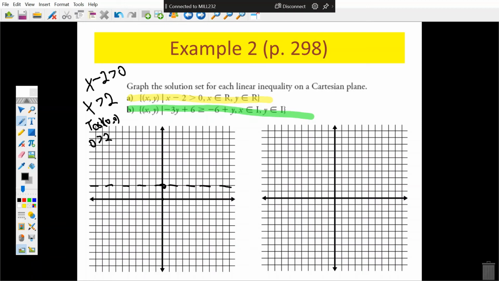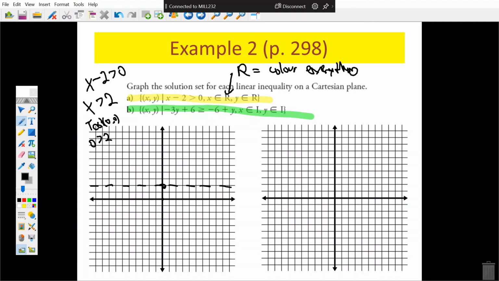Now, we have to decide whether we're coloring with dots or whether we're coloring the whole thing in. This question says x ∈ R and y ∈ R. That means that the domain and range, the x and the y, are real numbers. If it's an R, you're coloring everything in.